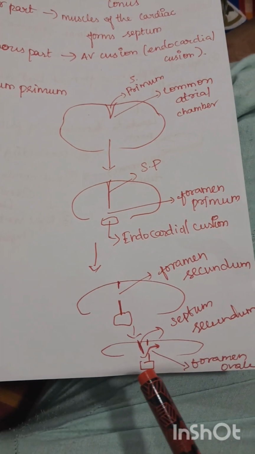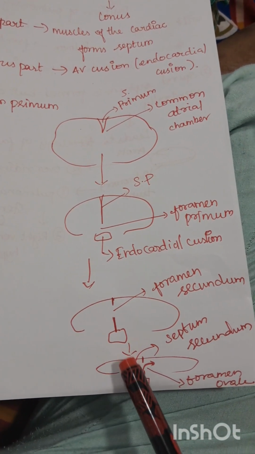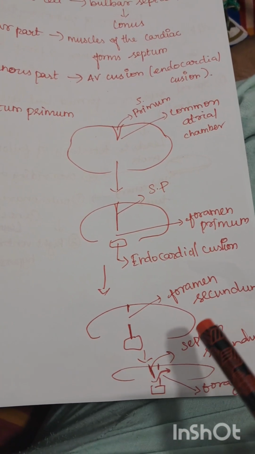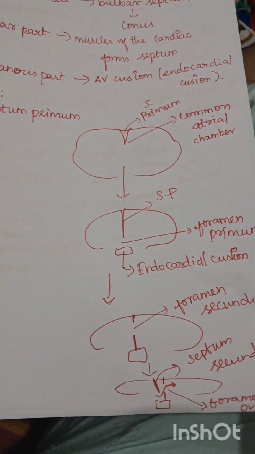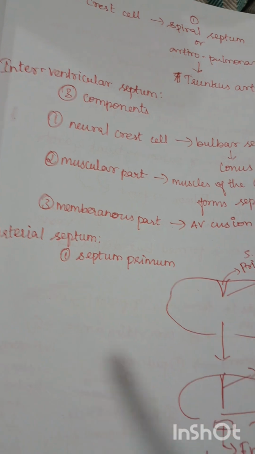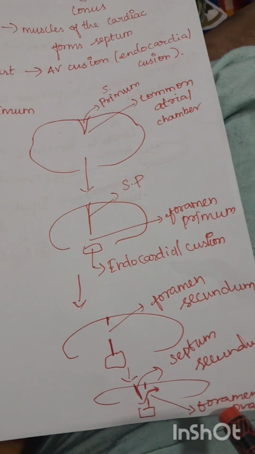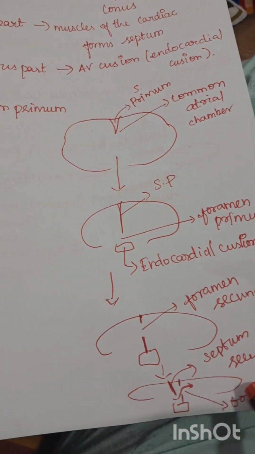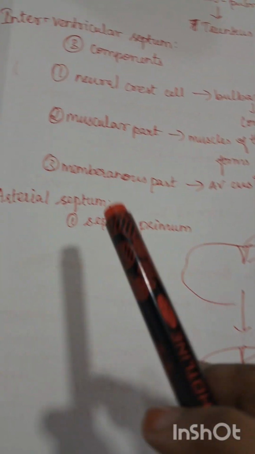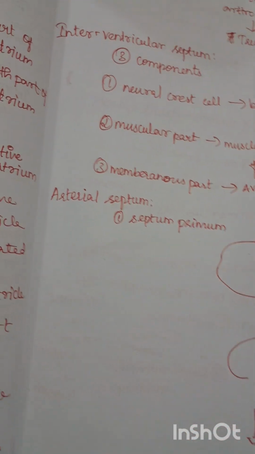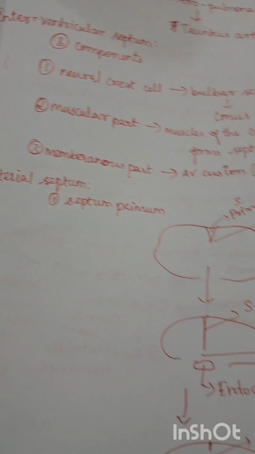So the foramen secundum is formed from the septum primum, not the septum secundum. After that, the septum secundum arises to the right of the septum primum and forms the foramen ovale. After birth, it closes fully to form the atrial septum. These are the septum formations.